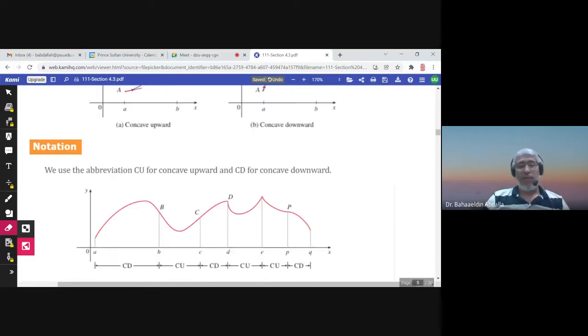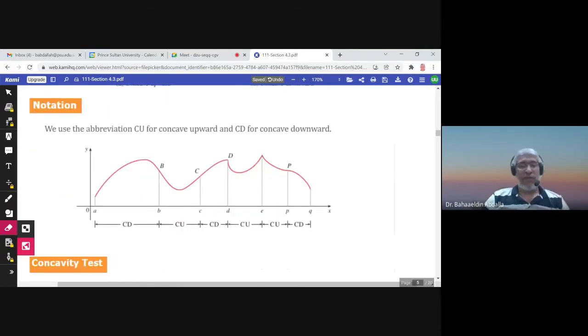So now let us see whether we understood the meaning of concave up and concave down. Now from here to here, what do you see? The curve is concave down. And we call it CD, okay? So CD means concave down, CU means concave up. From B to C, what do you see? Concave up.